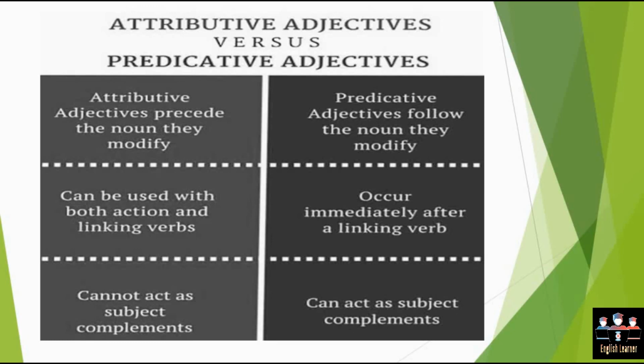Means that attributive adjective can never be a subject complement because they are going to be placed in a sentence before a noun, as they have to describe or modify the noun. Whereas predicative adjective can act as a subject complement because they are going to be placed in a sentence immediately after a linking verb.